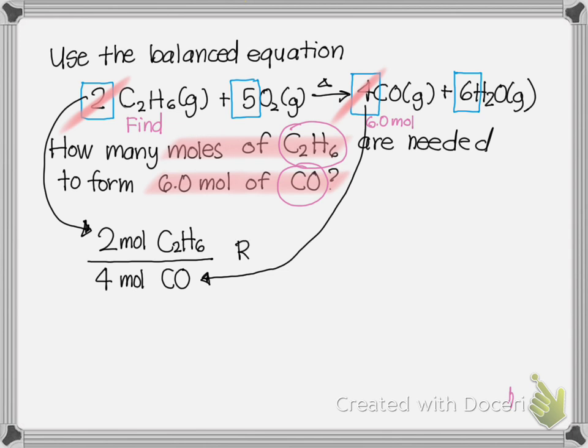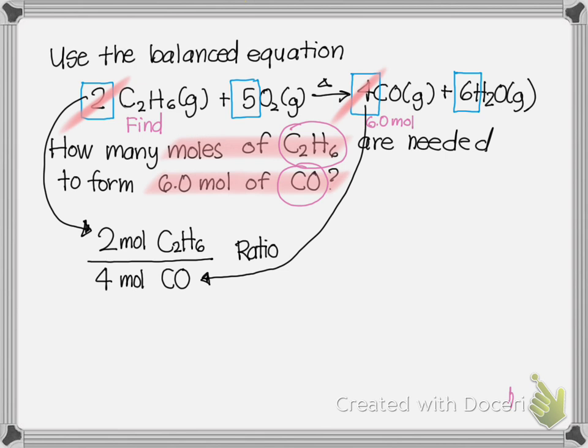And this is what's called a ratio. And you could do a ratio between any two substances in the balanced equation, any of them. All right, so that's not the solution. That's what we're going to use.